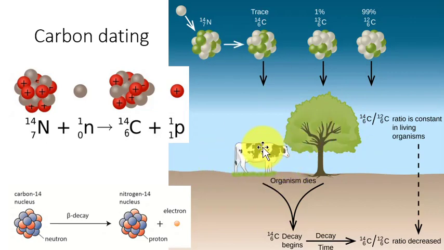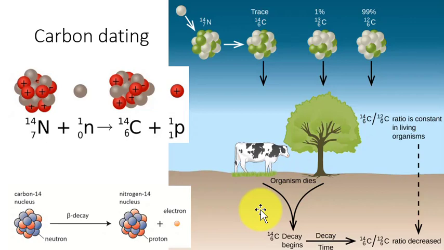However, once an organism dies, its levels of carbon-14 will no longer match that of the atmosphere because it's no longer uptaking carbon from the atmosphere. And after around 5,730 years, the amount of carbon-14 in the tissues of a dead organism will be about half of that of an organism that's alive today.